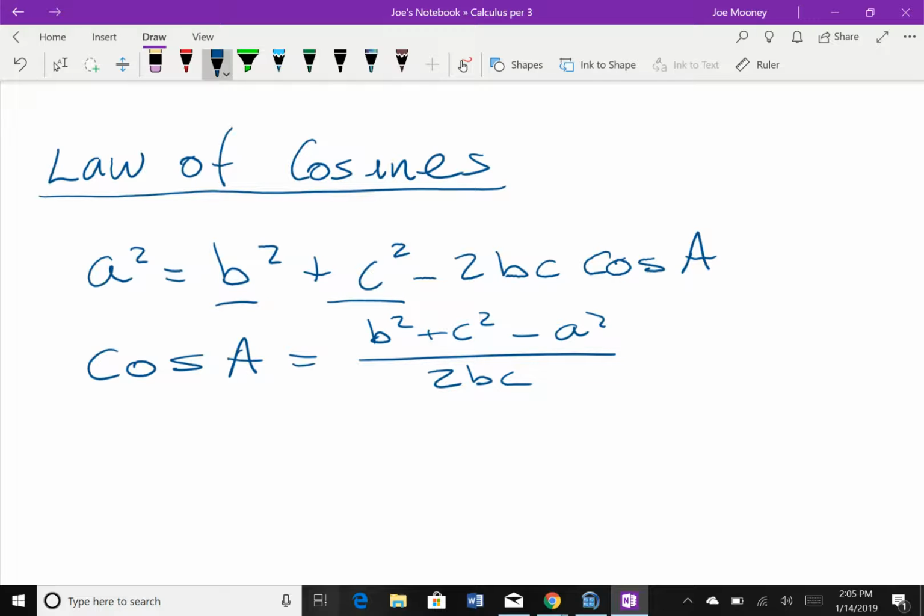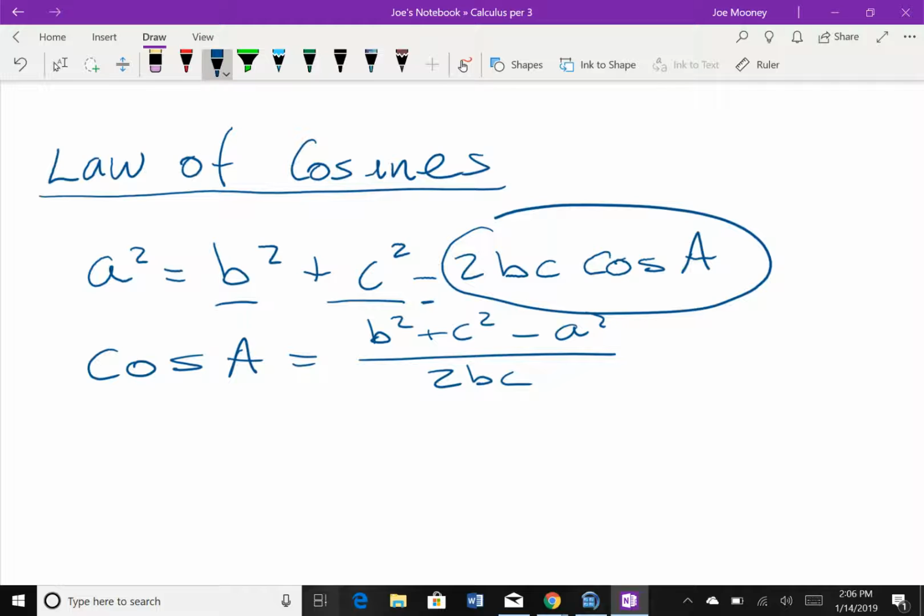So that's using third grade language, right? We're adding together the squares of the other two sides, and then we're going to subtract away from that the product of 2 times the sides times the cosine of the included angle.